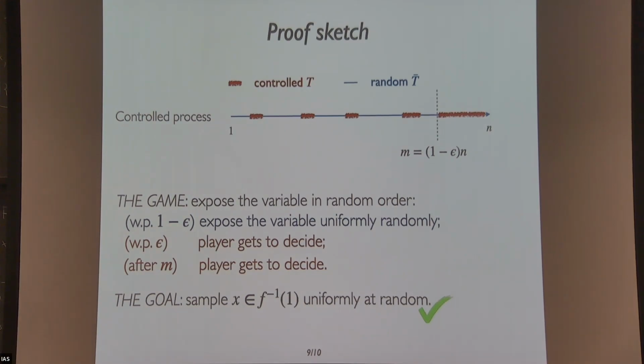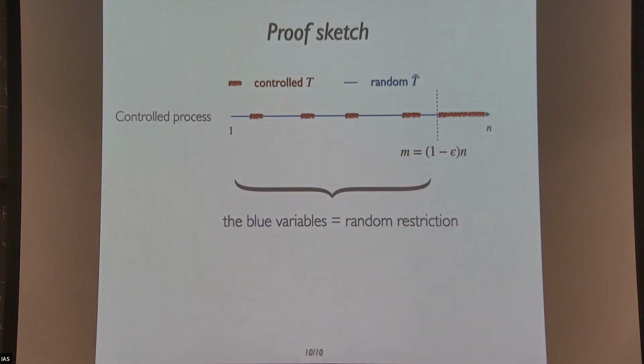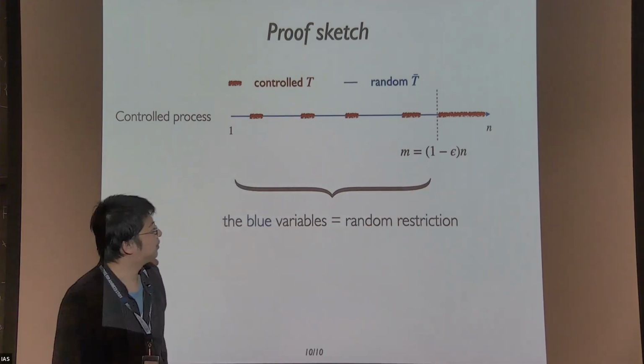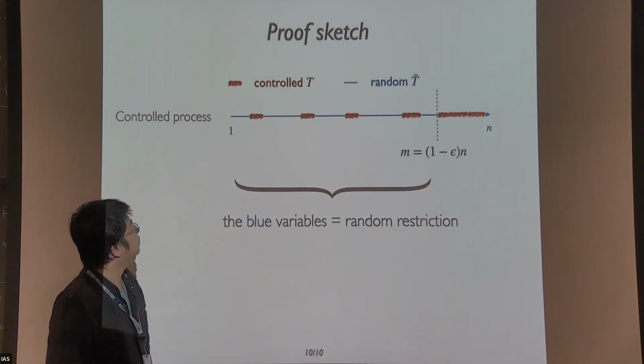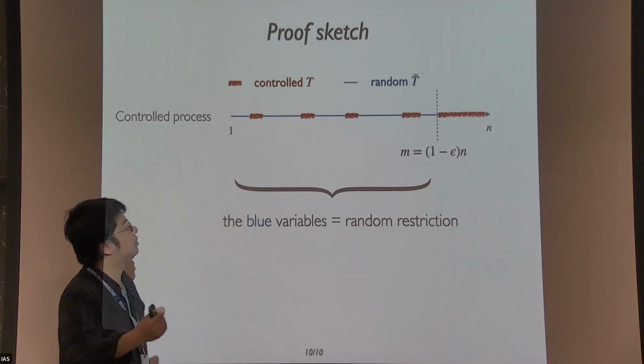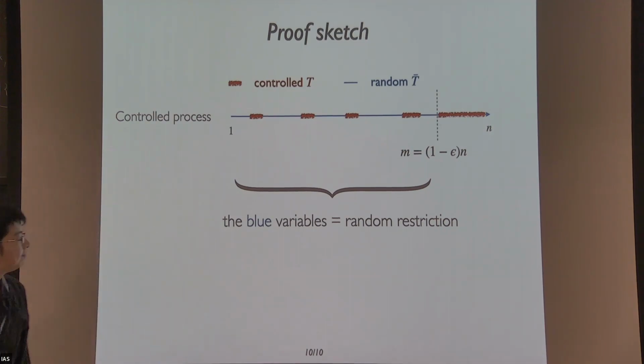And why are we doing this? Well, this is because for the time prior to time m, we can view those coordinates, those variables that are not fixed by the player, as the variables deciding our random restriction. And then what the player is doing is to sample a pre-image of 1 for the restricted function.